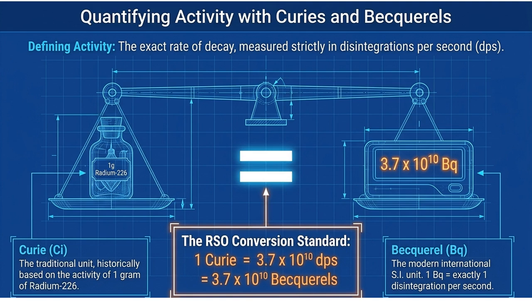The modern international SI unit is the becquerel (Bq), where 1 Bq equals exactly 1 dps. The RSO conversion standard is 1 curie is equal to 3.7 times 10 to the power 10 becquerels.